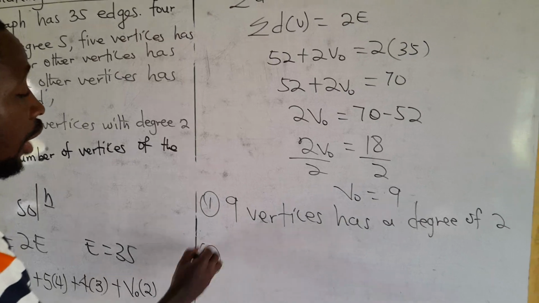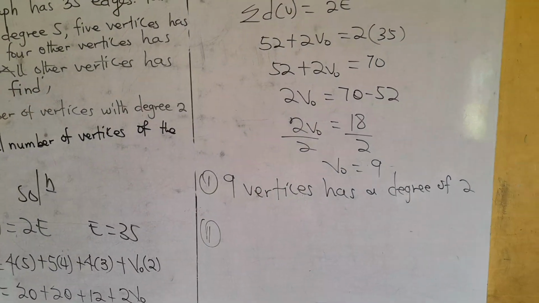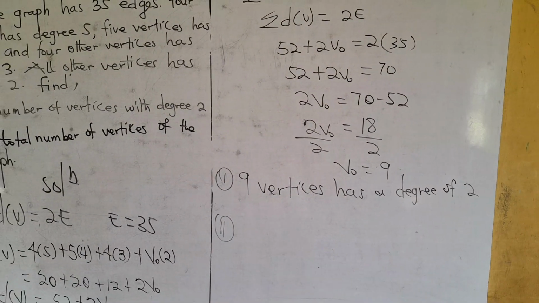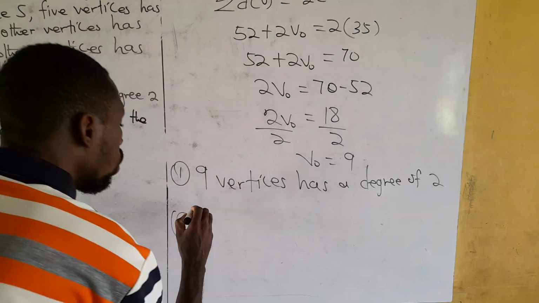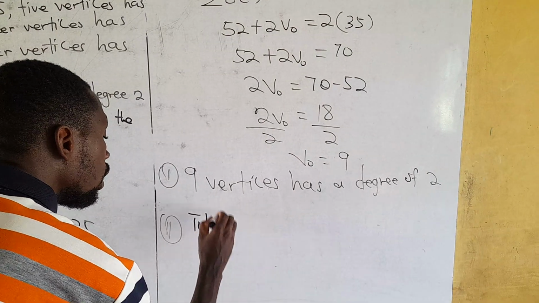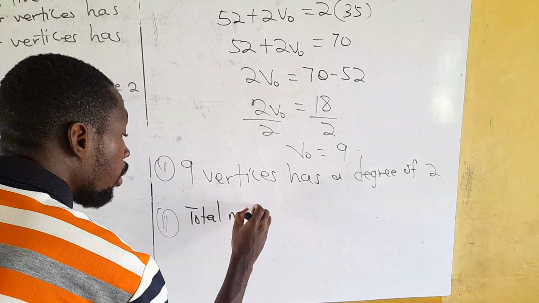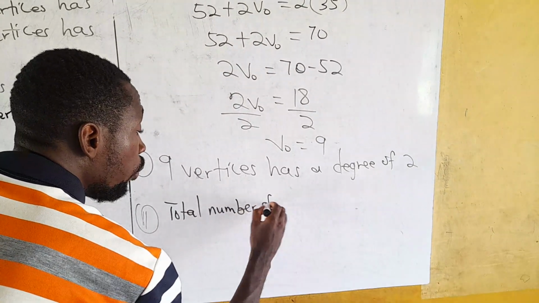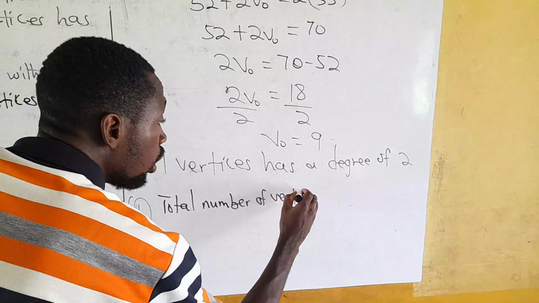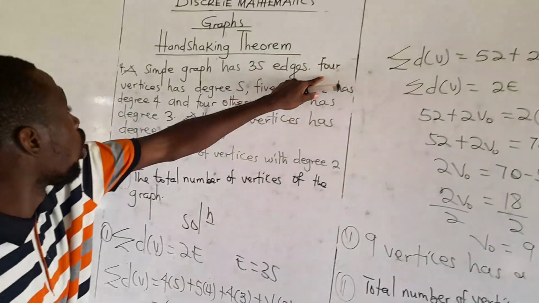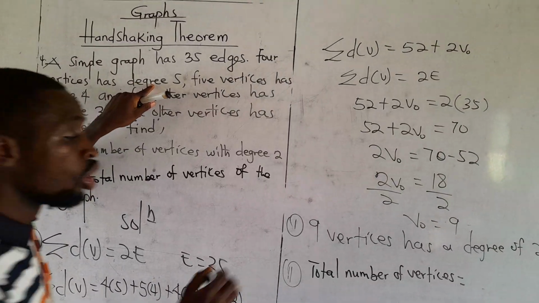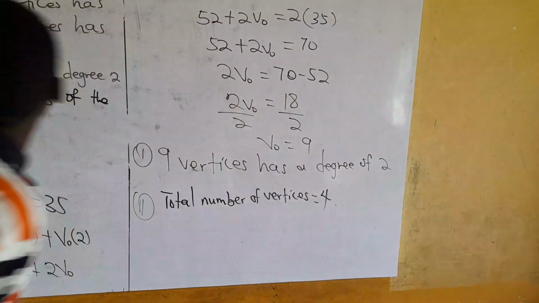And the second aspect, having found that 9 vertices have a degree of 2, we add it to all other vertices to get the total number of vertices. So we say the total number of vertices will be equal to, so let's say 4 vertices have a degree of 5, so we know that we have 4 vertices there.